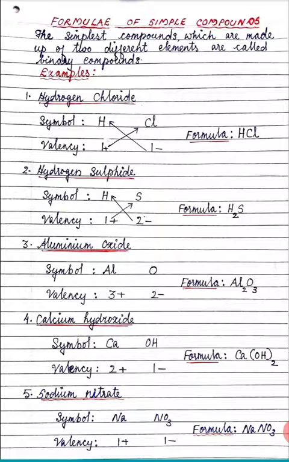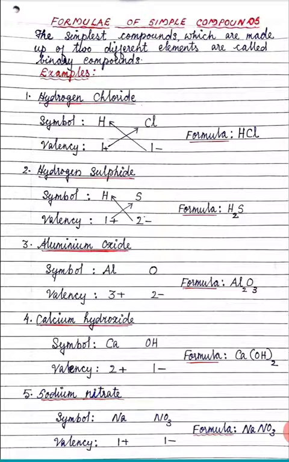The first compound is hydrogen chloride. First we write the symbols of the elements. Hydrogen chloride is made up of two elements, hydrogen and chlorine. The symbol of hydrogen is H, that of chlorine is Cl. Below that is written the valency. Valency of hydrogen is plus 1, that of chlorine is minus 1.